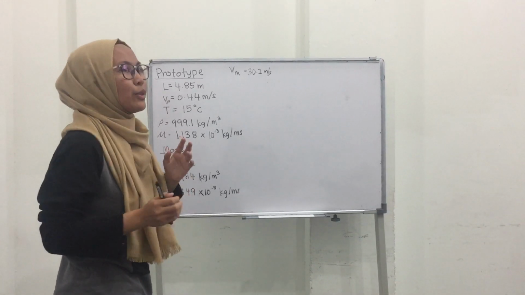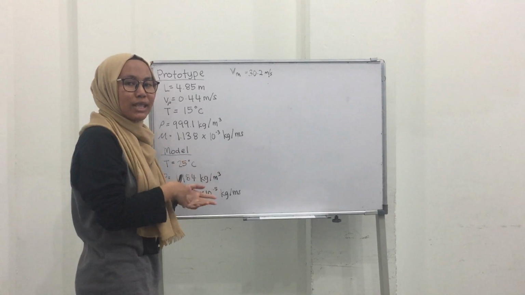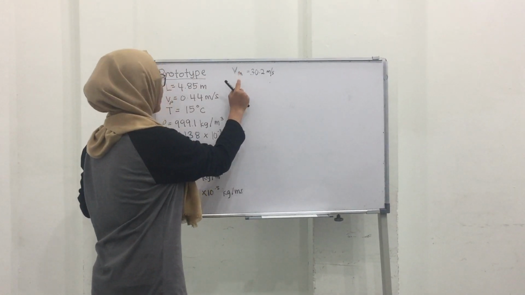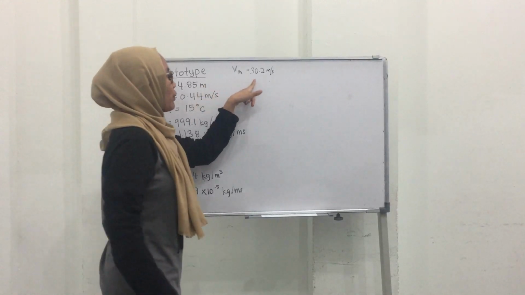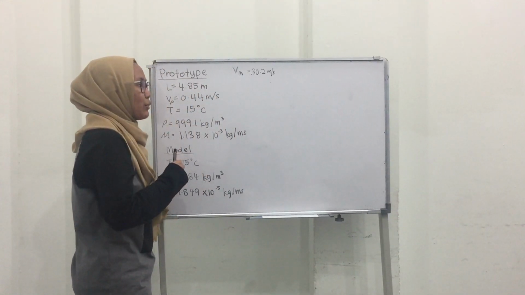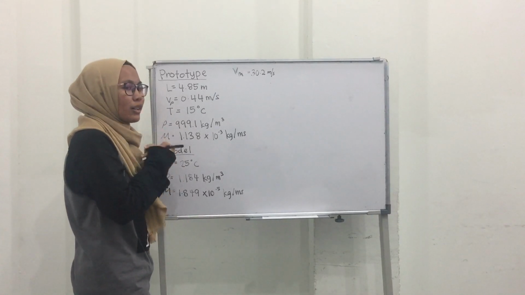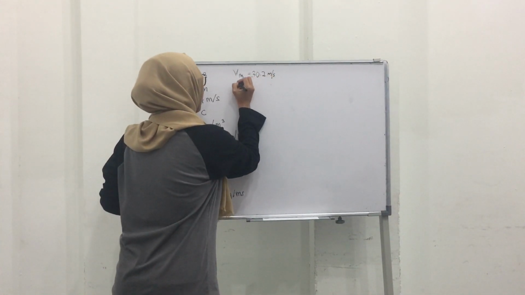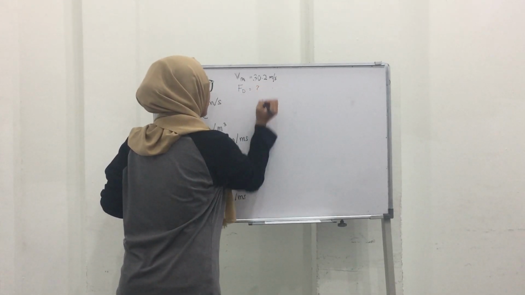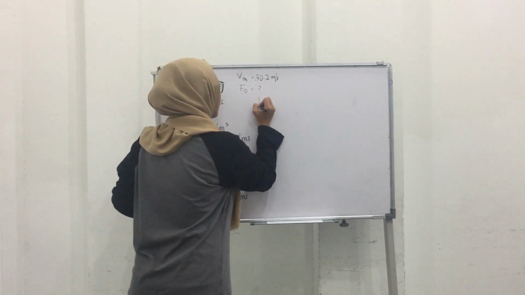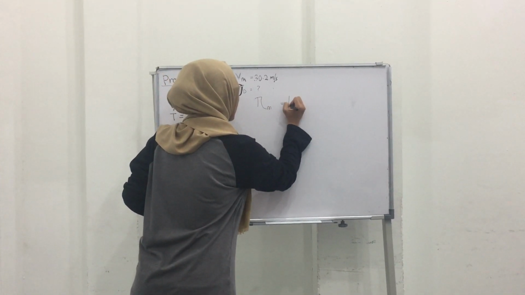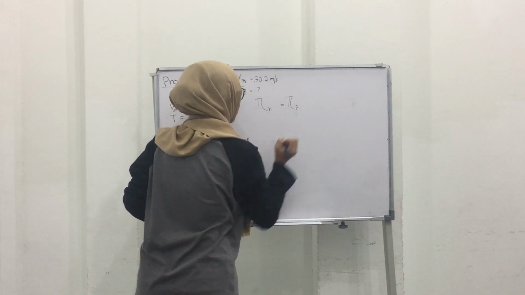From the first question, we already know the velocity of the model, which is 30.2 m per s. So for this question, we need to find the drag force. We know the drag coefficient for the model equals the drag coefficient for the prototype.